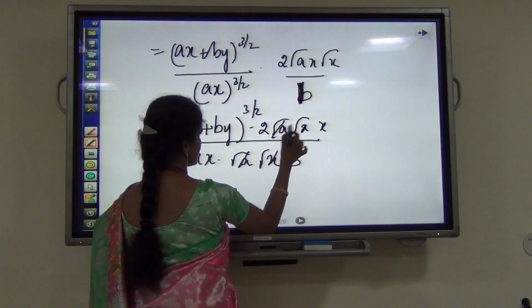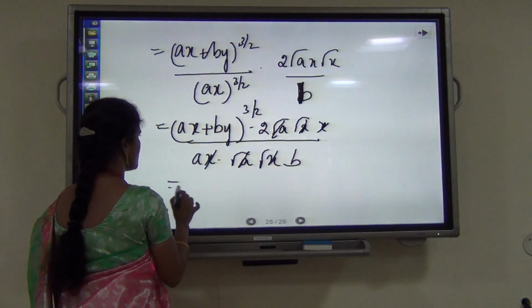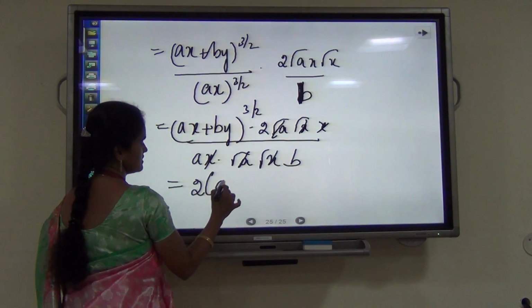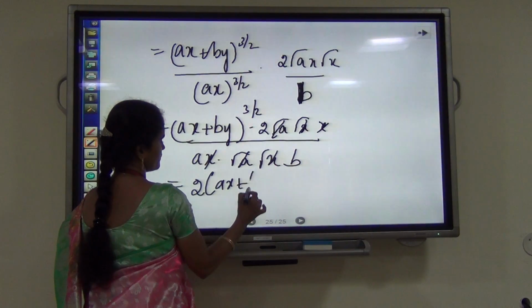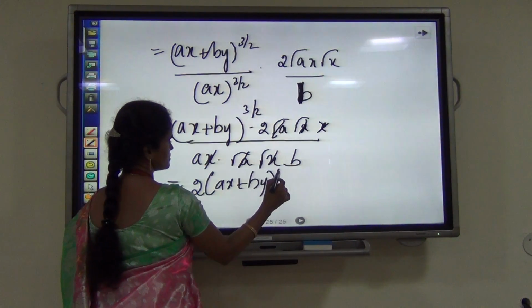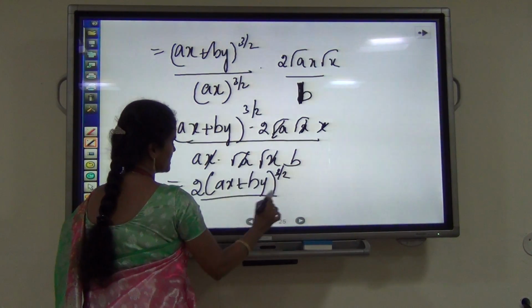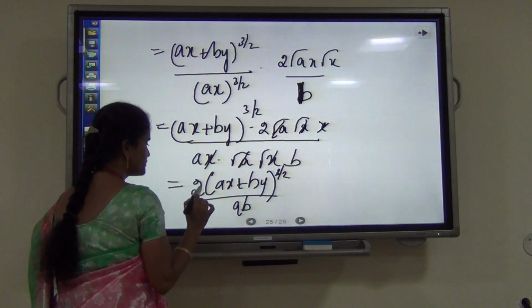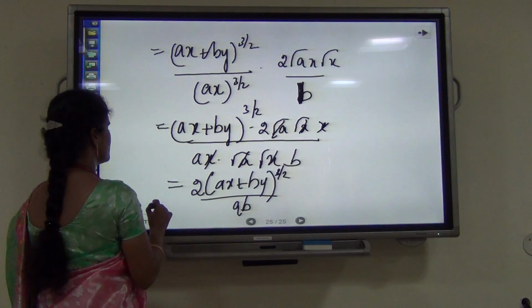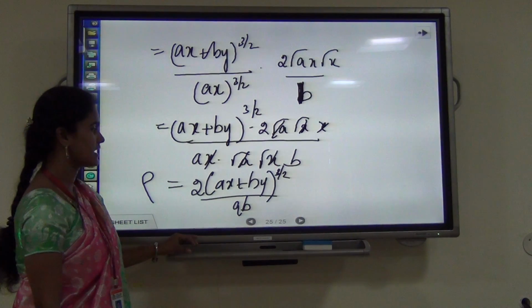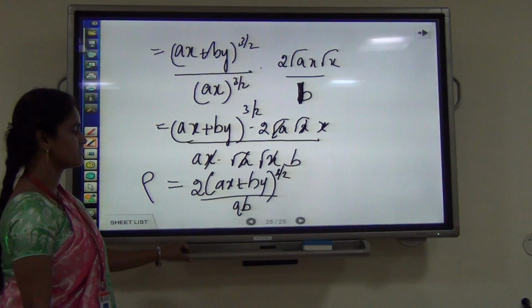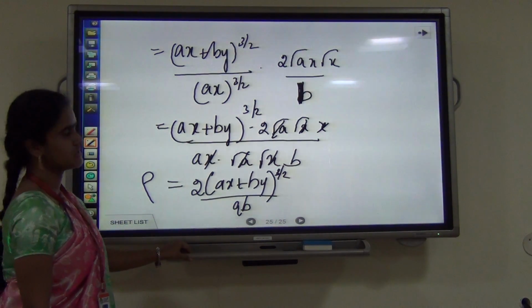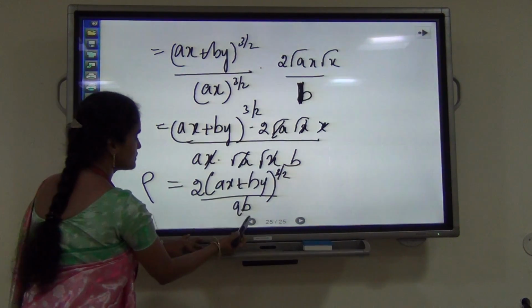This gets cancelled, so we get 2 times of ax plus by to the power 3 by 2 by ab. So we have proved the radius of curvature rho as 2 times of ax plus by to the power 3 by 2 by ab. This is what the radius of curvature is.